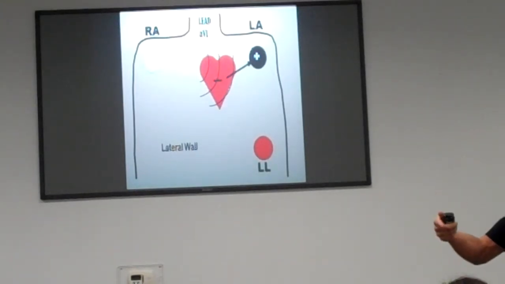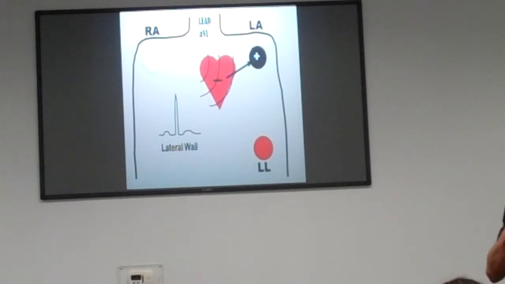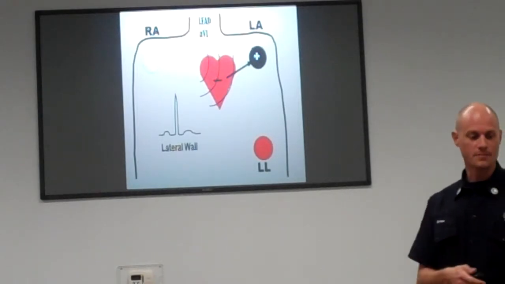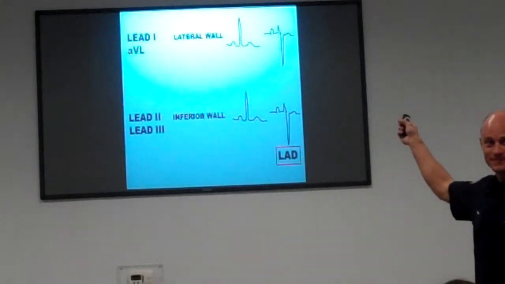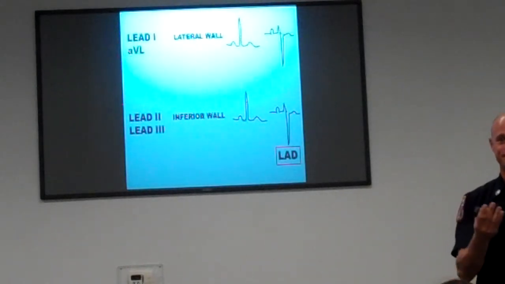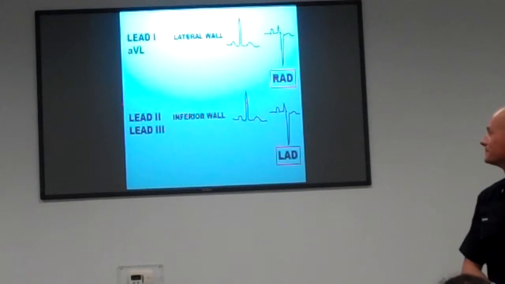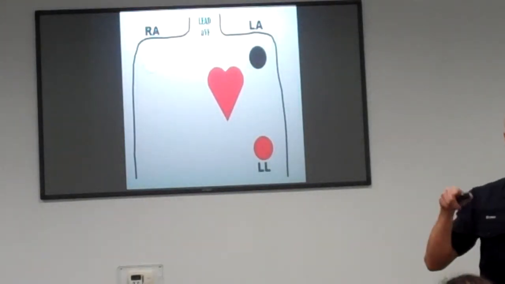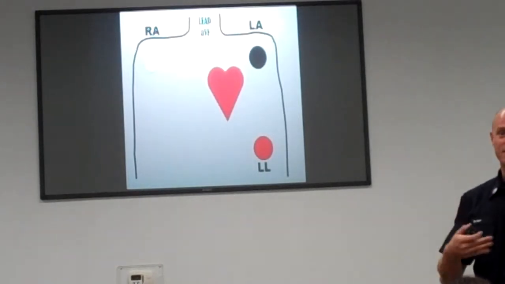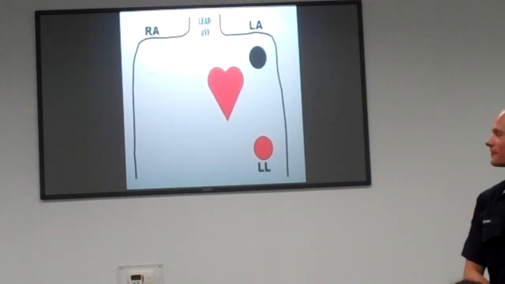So AVL should look positive. Does that jive on your paperwork there? Good. And if it doesn't, what does it tell you? Cardiac history. That's it. That's all we care about. Okay? We're going to be treating that patient's signs and symptoms. We're not going to be treating their cardiac history. So it doesn't really matter for us.